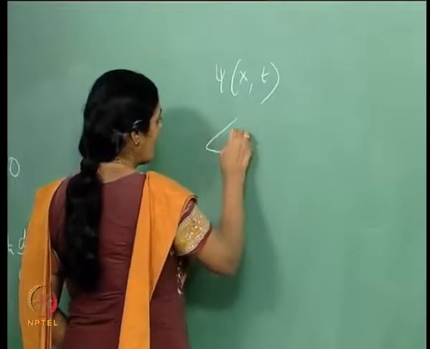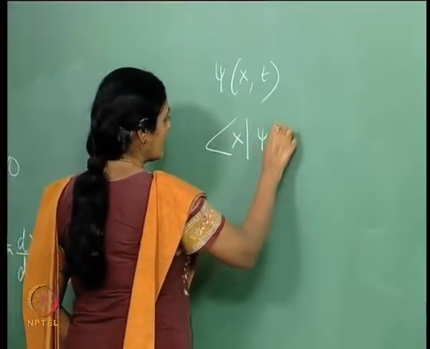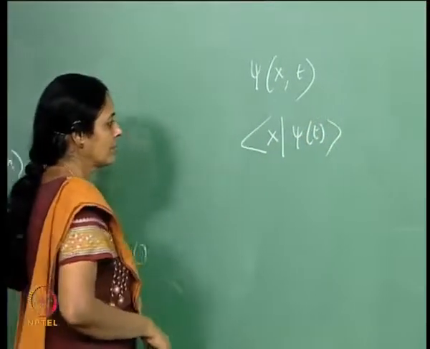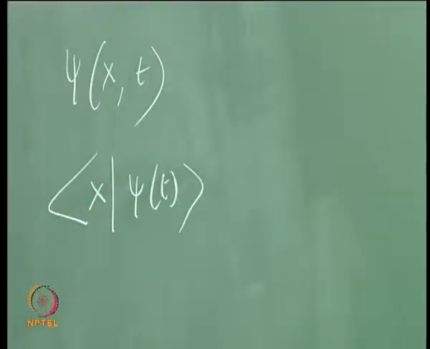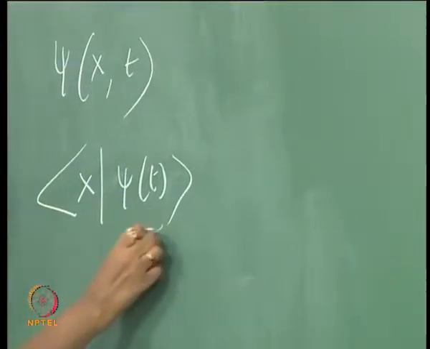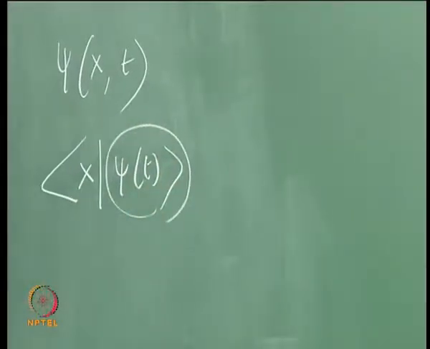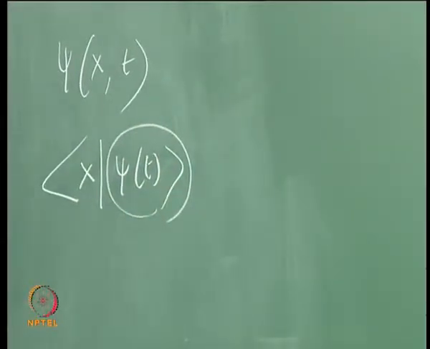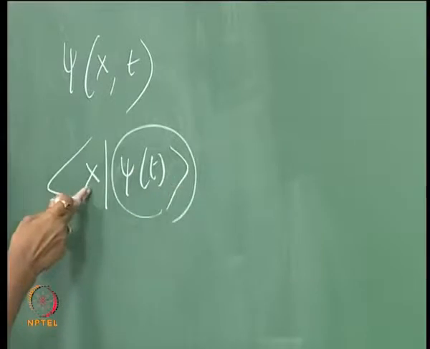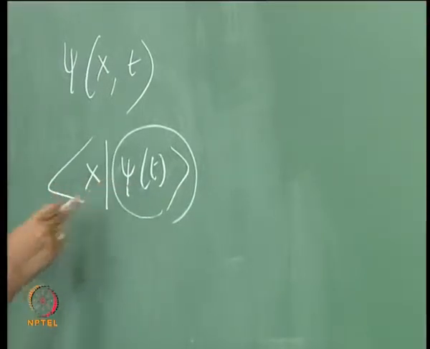So that's the same as <x|psi of t>. This is in the position representation. Otherwise, in the abstract, I would just have had the ket psi of t or n of t, and in the position representation, I simply take this expansion, this inner product.